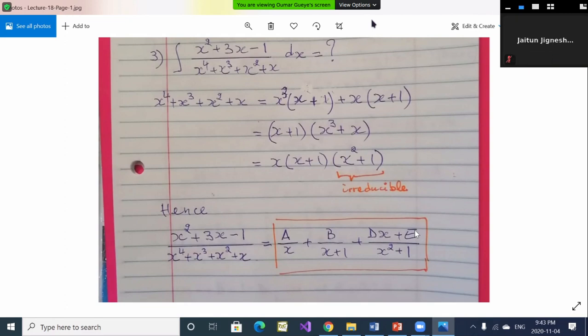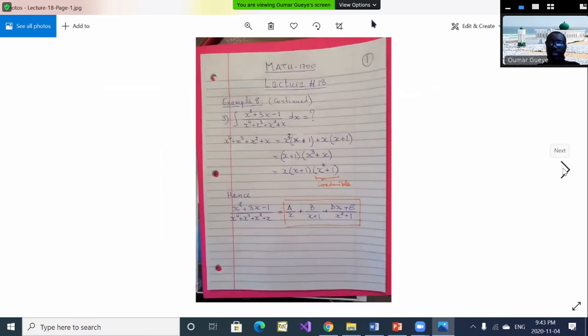Yes, sir. All right. So next, I'm going to find A, B, D, and E by using the same technique that we used for example 1 and 2.